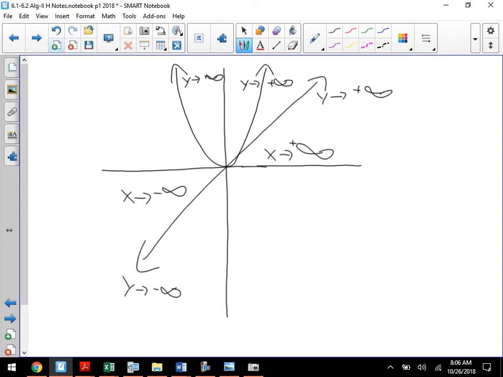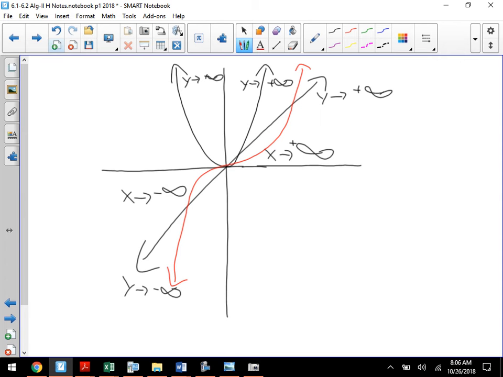Now, when we did third degree, it came up, switched, and did this, didn't it? Doesn't that match the same pattern as y equals x?